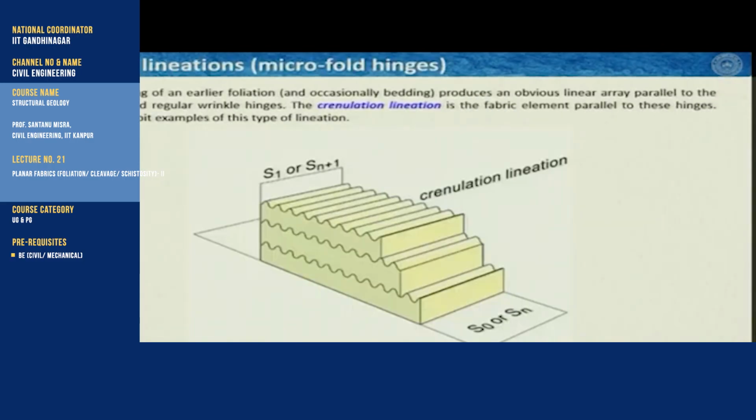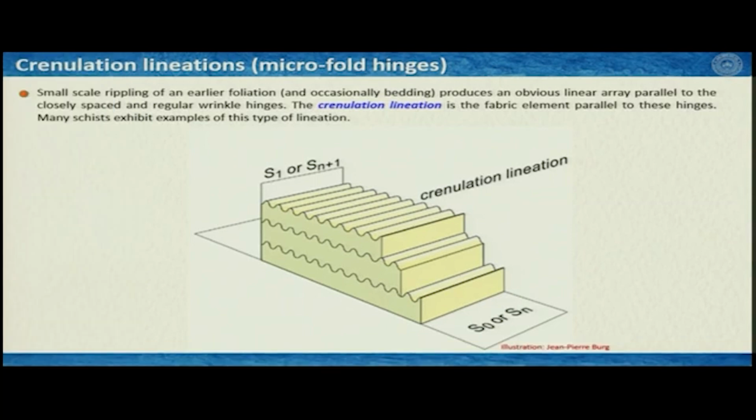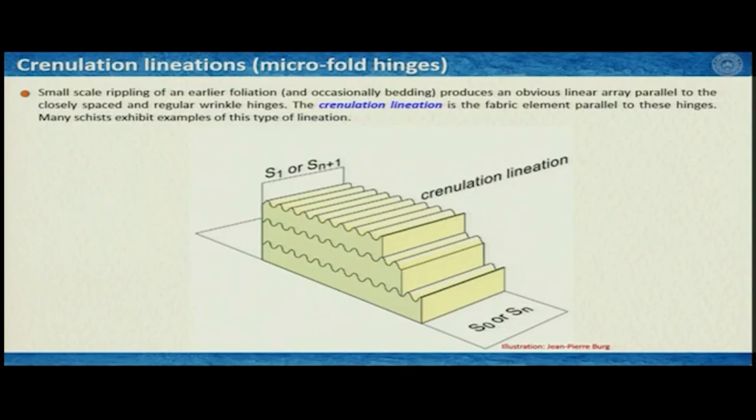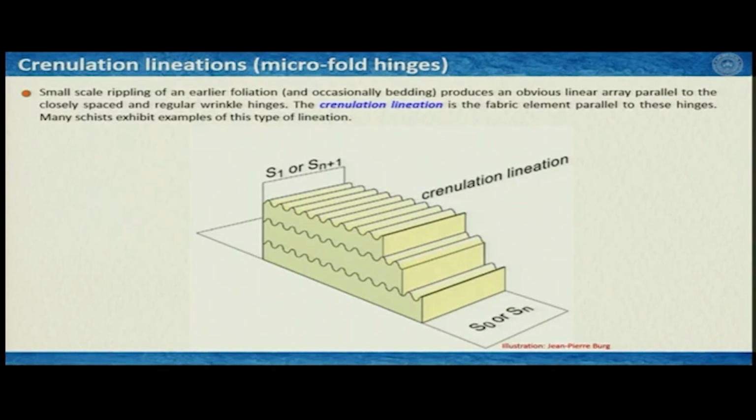Now, crenulation lineation, as we have learnt about it, is the lineation defined by the hinges of the microfold. So, small scale rippling on an earlier foliation and occasionally bedding, very fine thinly laminated bedding planes, sometimes produce an obvious linear array parallel to the closely spaced and regular wrinkle hinges, and these are known as crenulation lineation.